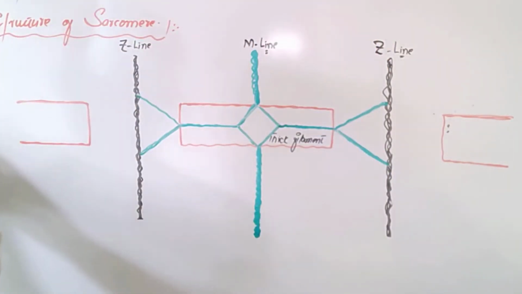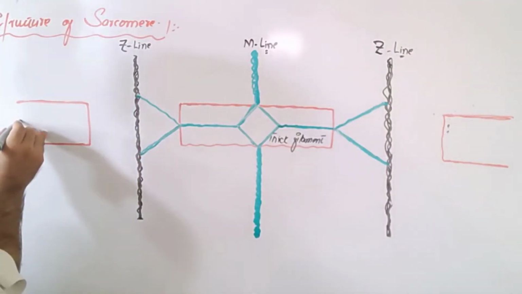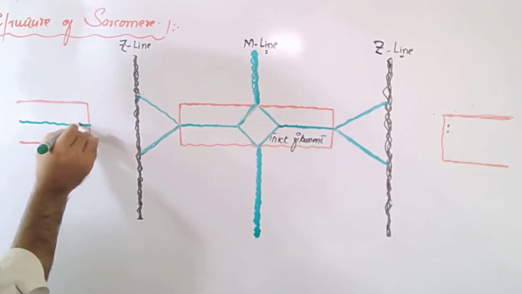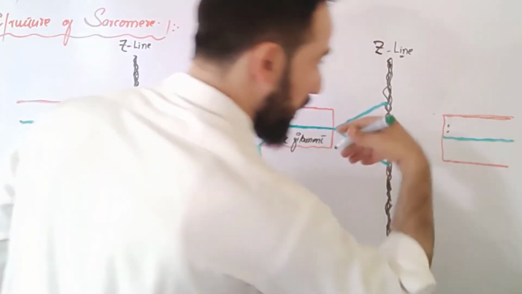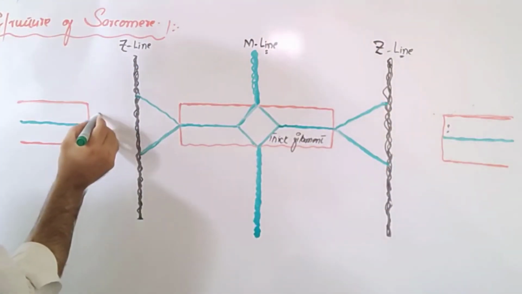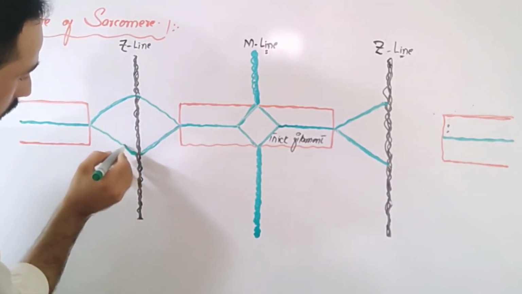So here will be another Z line, there will be another Z line, right? And here will be another M line coming, right? Here will be another M line coming from that sarcomere, and it will give branches to connect here, and it will give a branch to connect here.